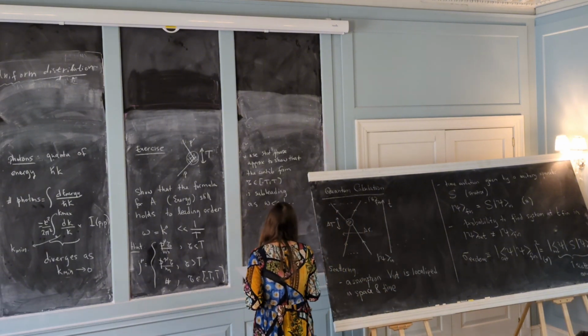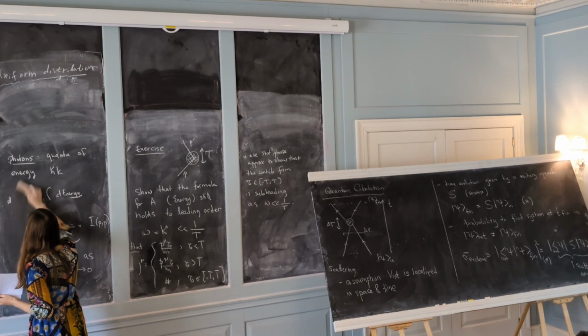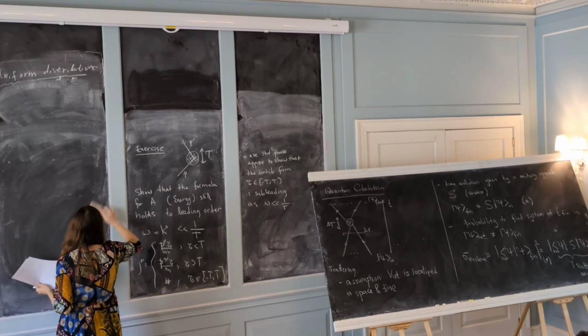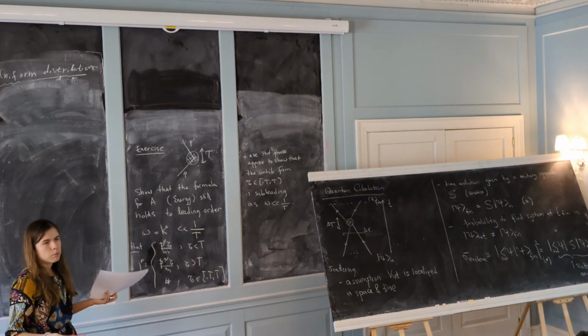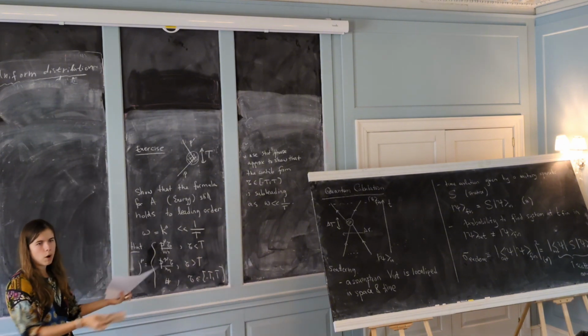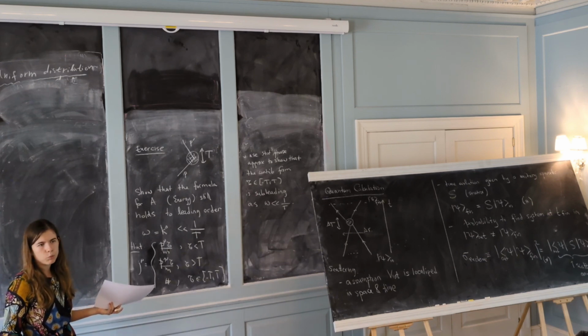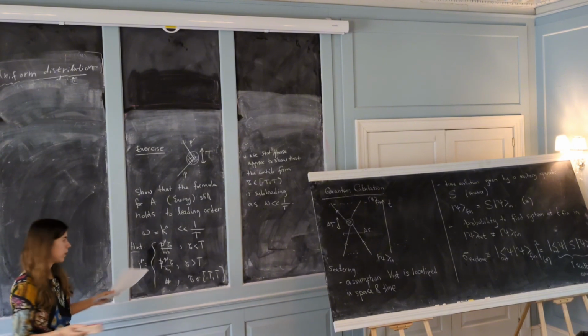But sometimes you're not only interested in exclusive cross-sections, you may be interested in inclusive cross-sections. So instead of the question, what's the probability that I find my system in some given state, I could be interested in what's the probability of finding my system in one of these different states. So for example, what's the probability that I find my system in a state with 1, 2, 3, or 10 photons, so up to 10 photons.